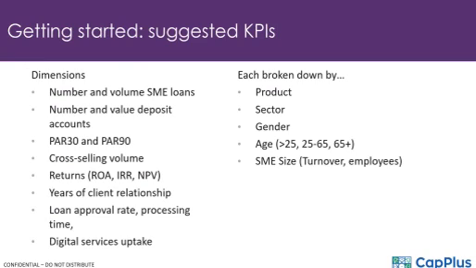So gender is one we've already talked about. Age, if part of your market is particularly young in particular. By the size of SME you're serving, by the sector they're in. And my guess is that each of you looking at this are thinking, yeah, of course, we already know this, which is good, right?